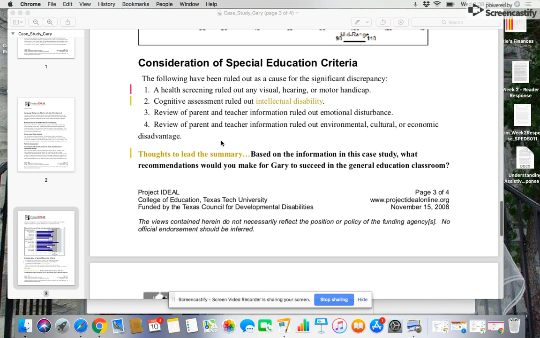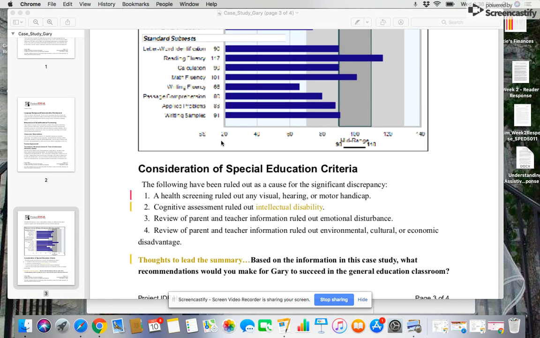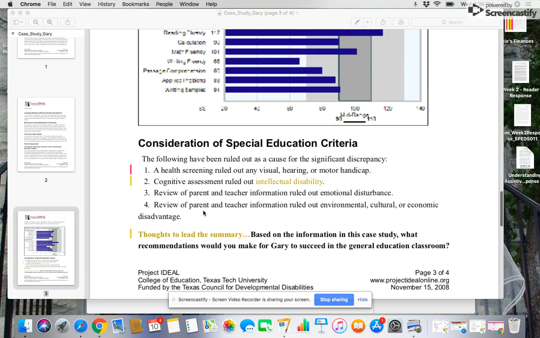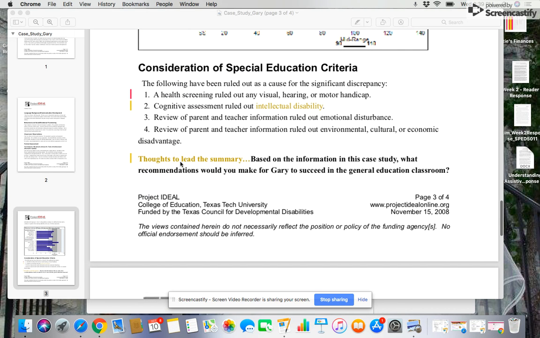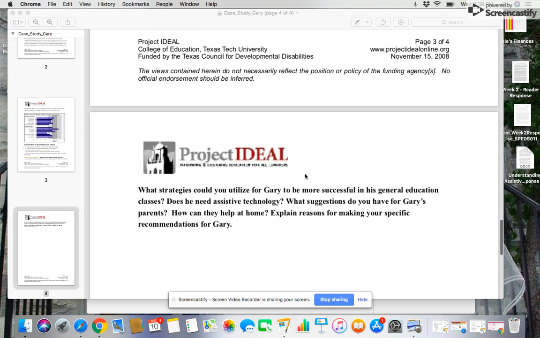So you're going to want to read through that carefully. At the very bottom there are some thoughts to lead to the summary. You can read through that, but that might help you think about what you want to write in your summary.